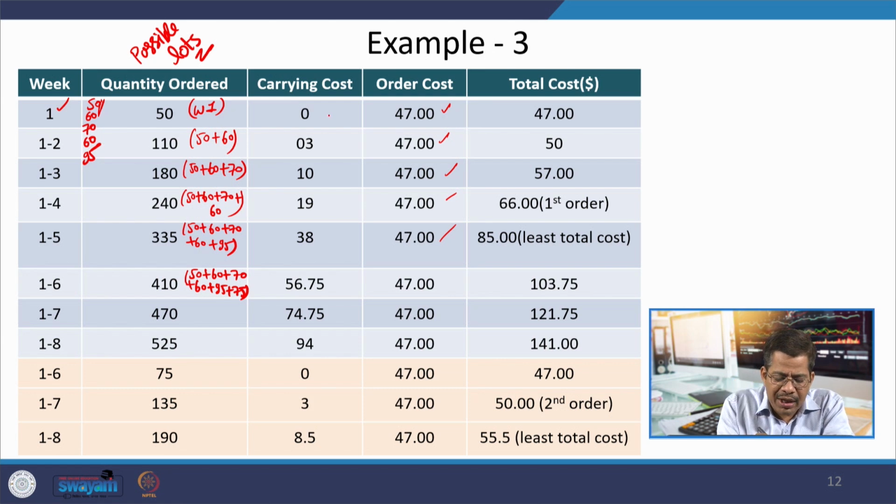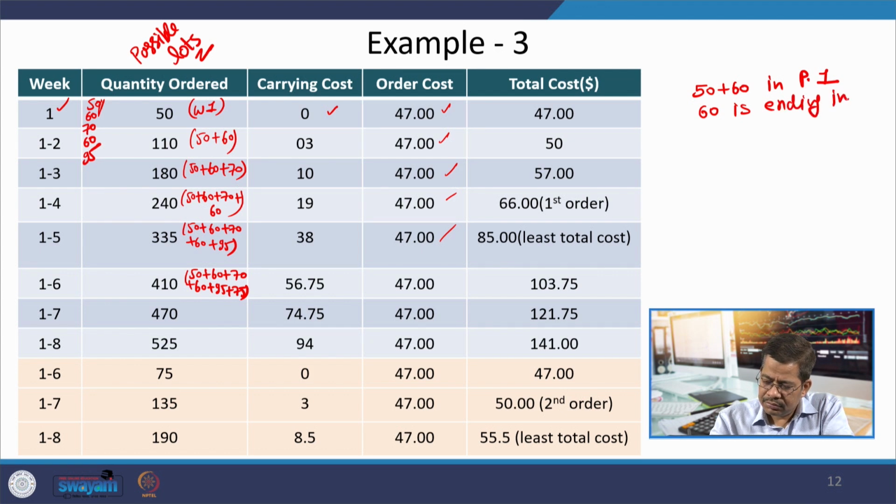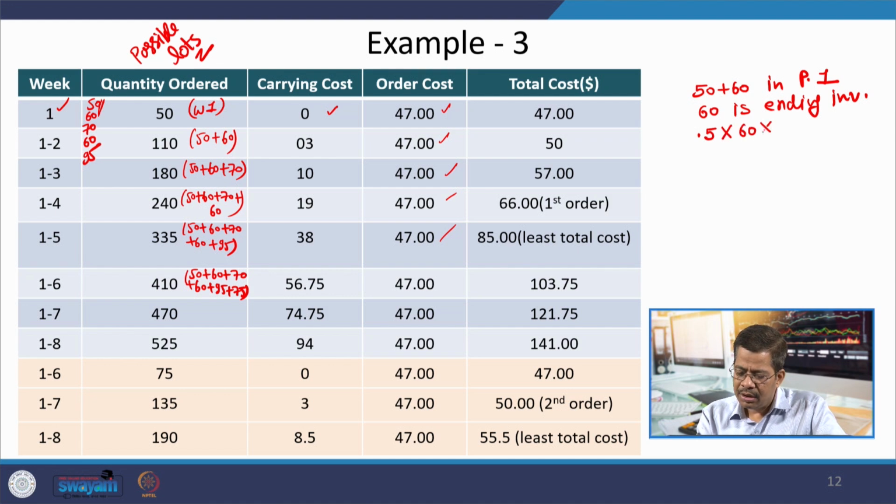So, there is no carrying cost, but if you are ordering 50 plus 60 in period 1, then what happens, 60 is the ending inventory and you are paying at the rate of 0.5%, 0.5 into 60 into 10 by 100.